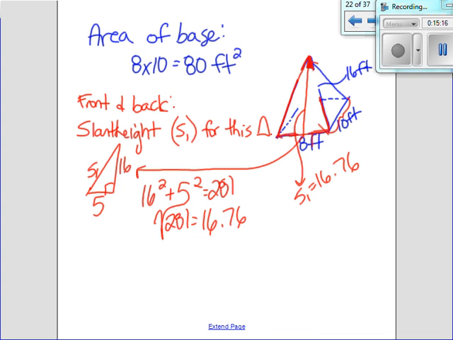Okay. All right, so now that you know the slant height for this, can you find the area of the triangle? Yep. Okay, so do that right now, please. So base times height divided by 2.